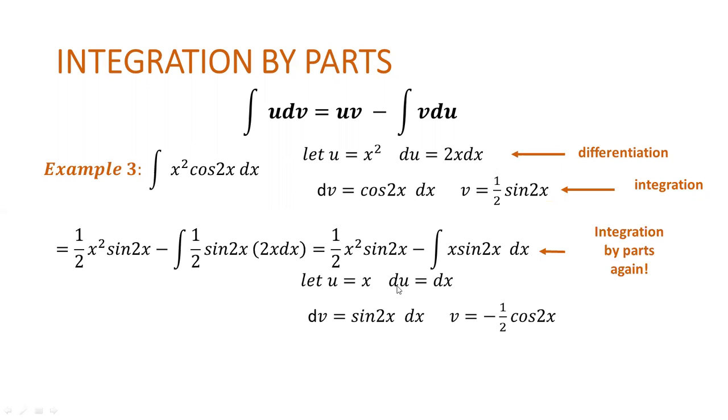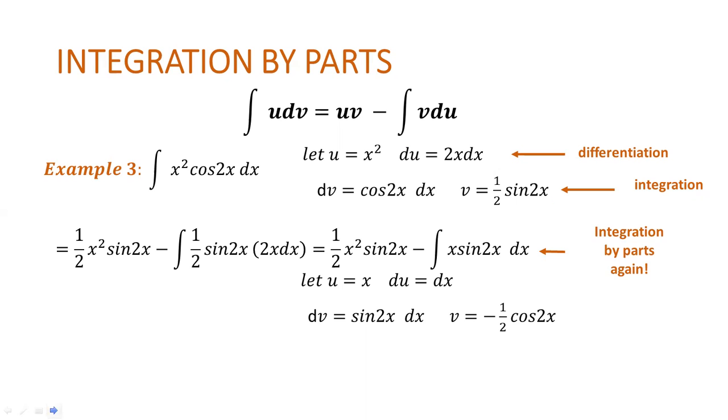So your u is x, your du is dx, your dv is the sine of 2x dx, and your v is negative 1/2 cosine of 2x. So in the process, the second integral here will be replaced by another uv minus integral of v du coming from this second set of u, v, and du.